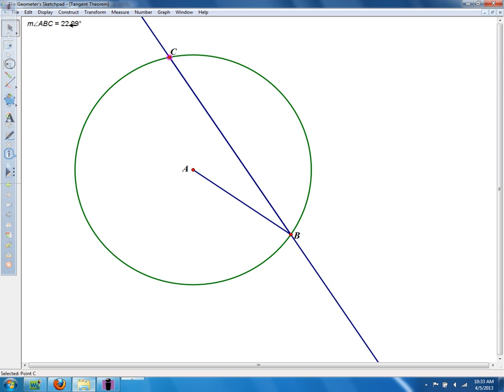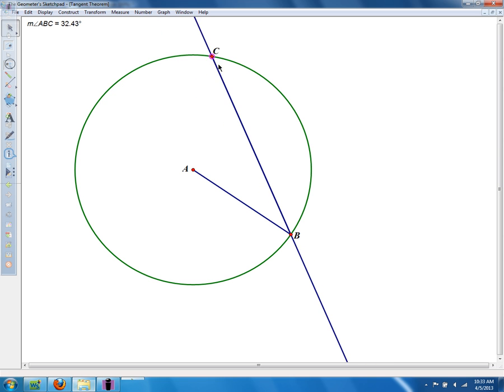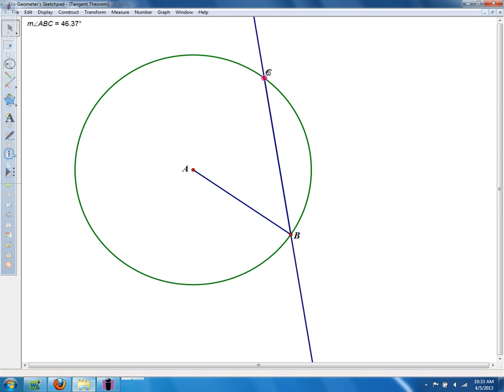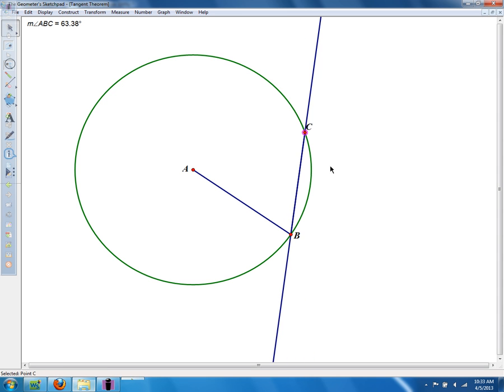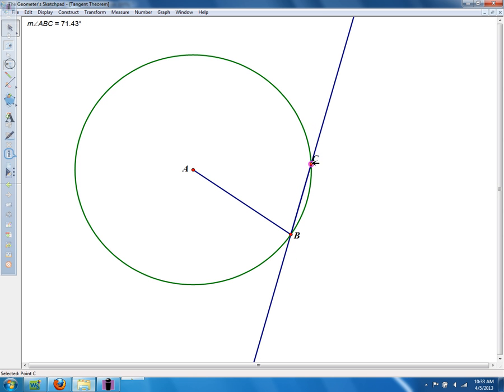Right now it's pretty small. As we move closer, anybody want to guess what's going to happen to the angle? It's going to become a tangent. And what's going to happen to this angle? It gets bigger. 90. So one person predicts 90. Anybody else want to make a prediction?